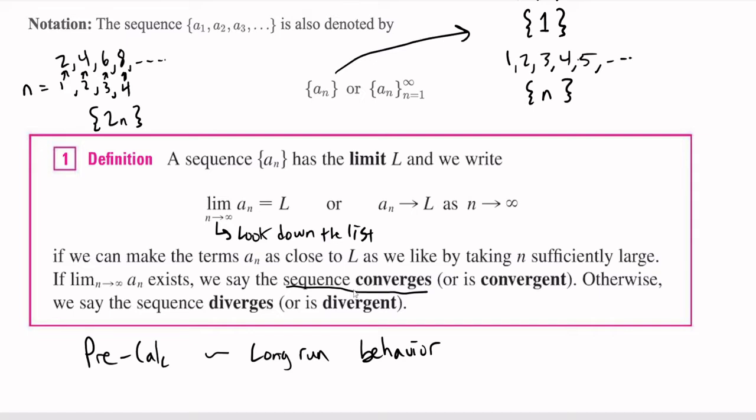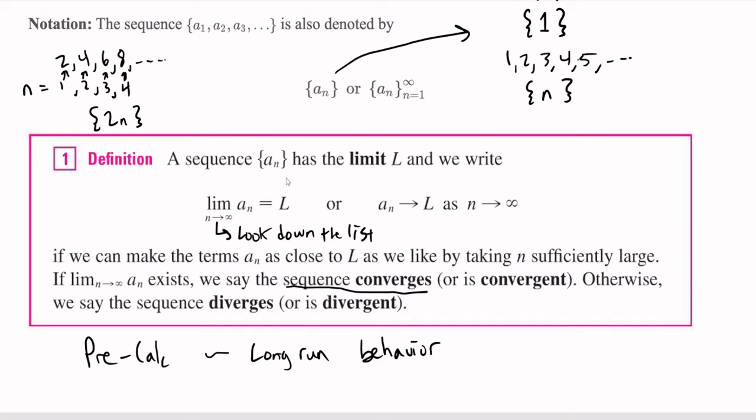They are connected, but they are different. So I'm underlining the word sequence because you're going to want to be saying the sequence converges or the sequence diverges, just to keep it straight in your mind when you're working in all of Chapter 8. So this is a little tiny thing to just pay attention to.